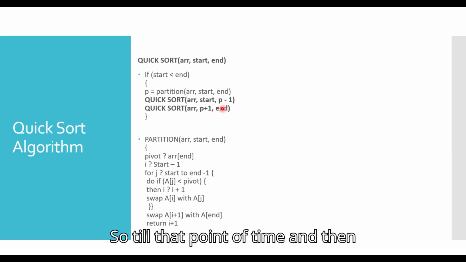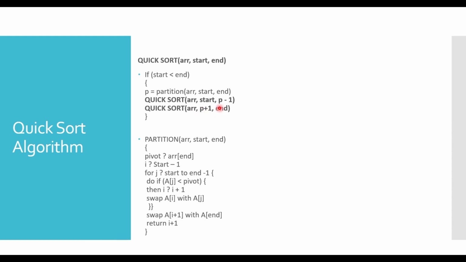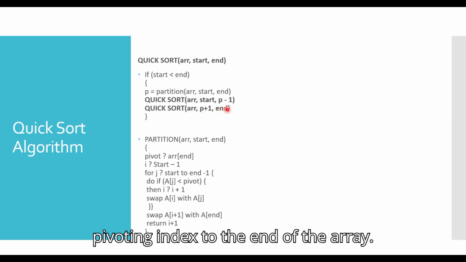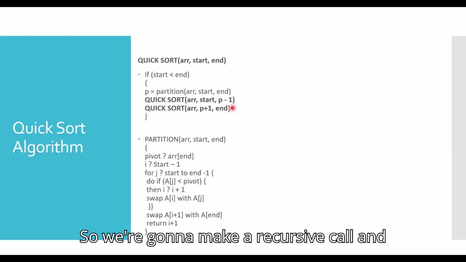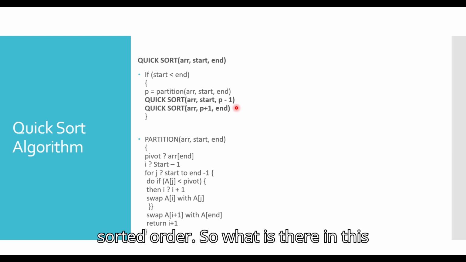Then we make a recursive call on the array from the pivot index to the end of the array, until it reaches sorted order.